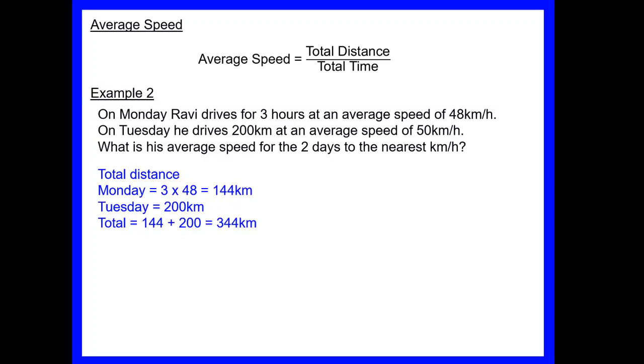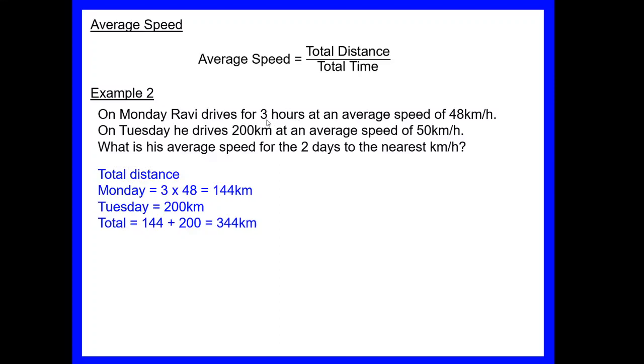Again, use your triangle to help you make sure whether you're multiplying or dividing. On Tuesday, we were told his distance was 200 kilometres, so his total distance is 144 plus 200, which is 344 kilometres.